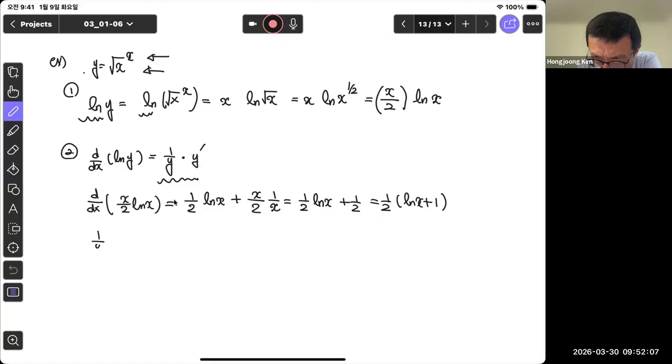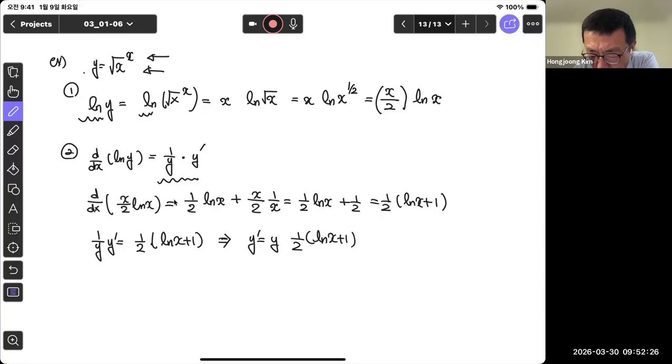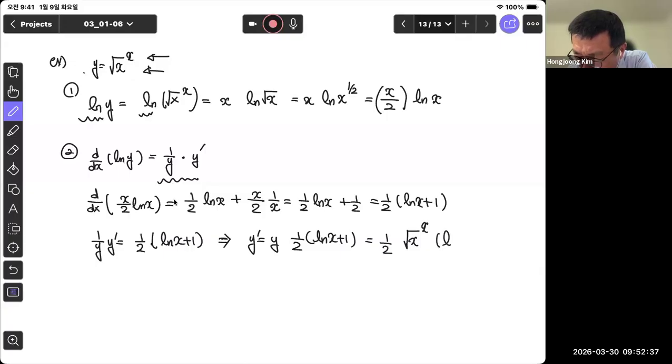So 1 over y times y prime equals 1/2 of ln x plus 1. In other words, y prime is y times 1/2 of ln x plus 1, and y was the square root of x to the x, multiplied by 1/2 times ln x plus 1. So that is the y prime.